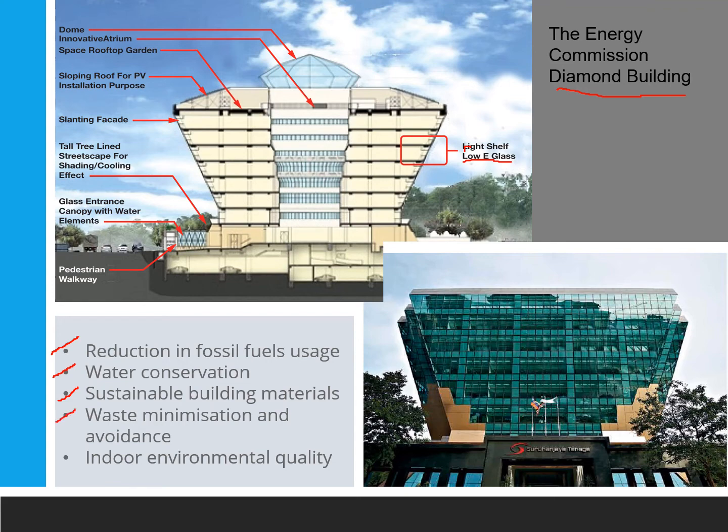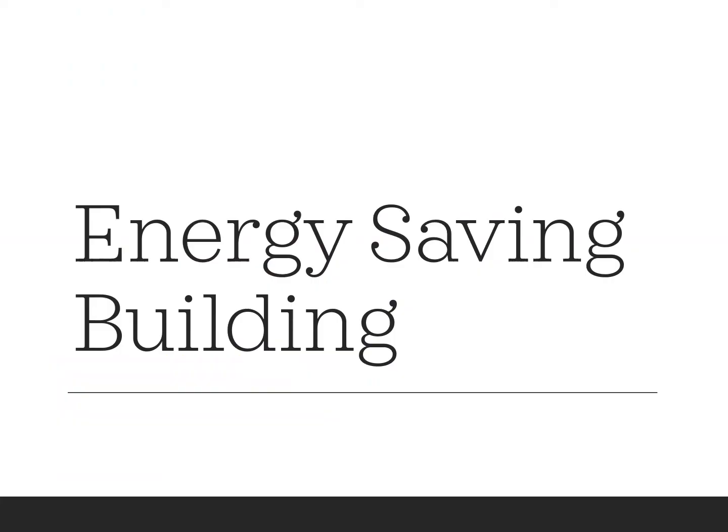And when we have good ventilation, a light shelf and also the cooling effects of the trees, and the space that we can build a rooftop garden or good landscape, of course we can improve the indoor environmental quality. Okay, that is for green building.